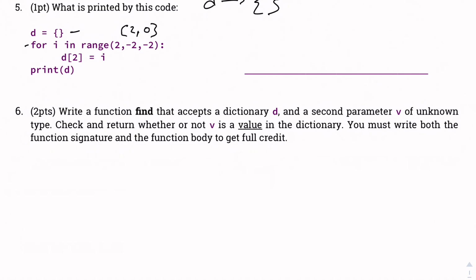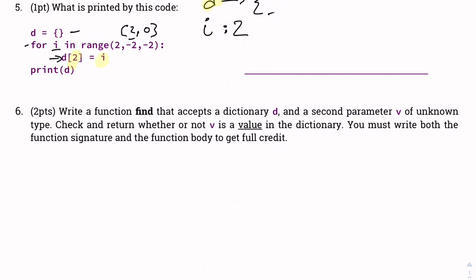So the question here is, what happens in this loop? So this loop is going to run the first time. The value of i is going to be the first entry in this range, or 2. This line of code executes the first part of this loop, where we say D at 2 equals i. So this says, at the key 2, inside this dictionary D, set the value at that key equal to i.